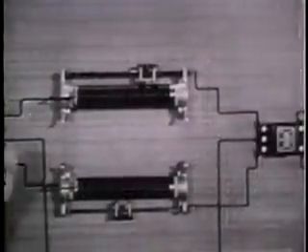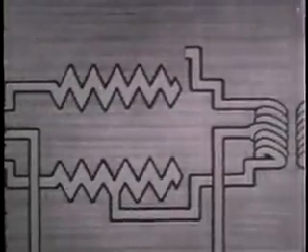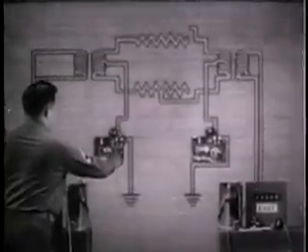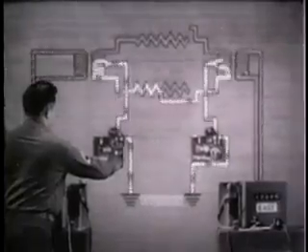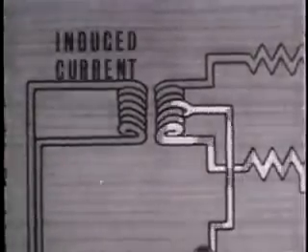The extreme condition of this unbalance occurs when one line wire is open. Now, all the telegraph current travels over one wire. And the current induced in the telephone circuit is at a maximum.